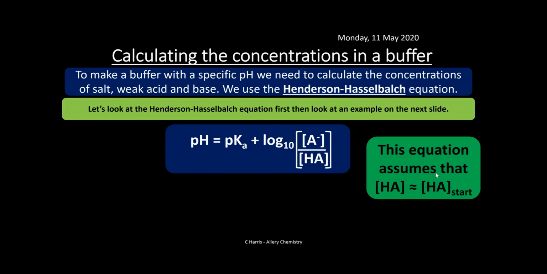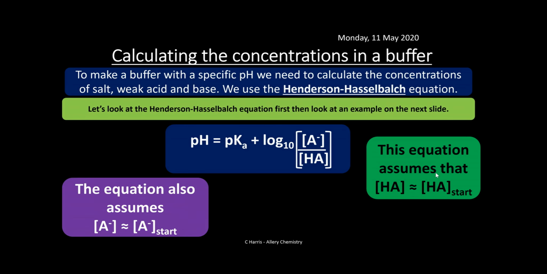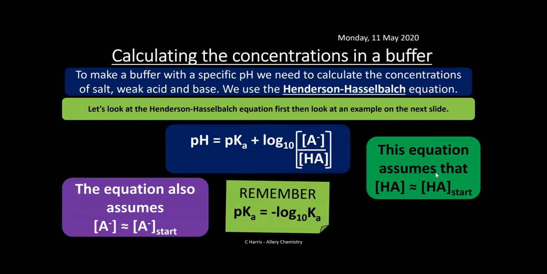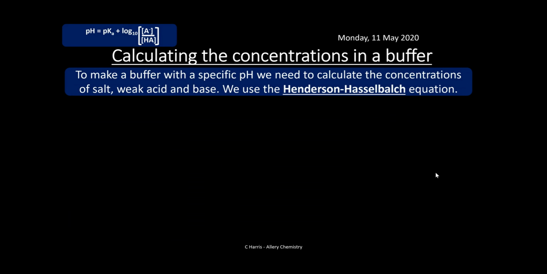In other words, this is a weak acid, so it dissociates very poorly, so we just assume the concentrations are the same. It also assumes that the concentration of A minus at the start is approximately equal to the concentration of A minus. So whatever the reagents are at the start, these are the assumptions that we're making here. And remember for the pKa bit, because you're going to see this later, pK is minus log of Ka. Just a reminder on that bit as well.